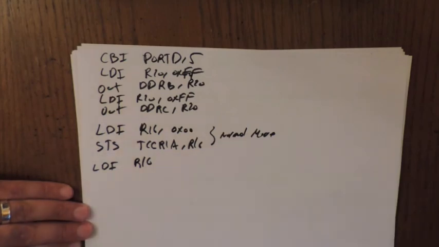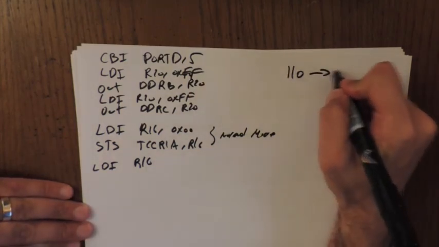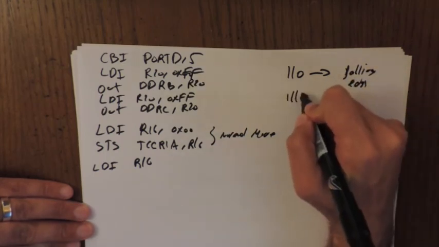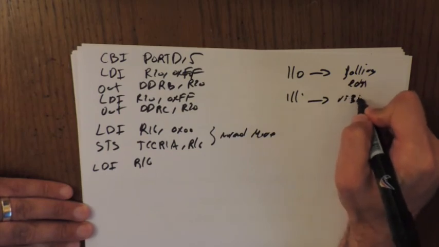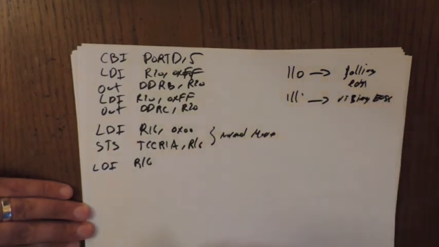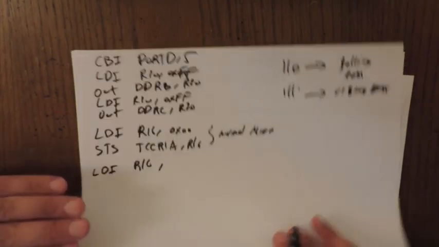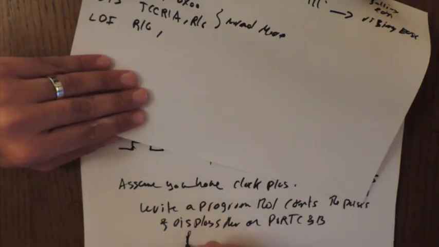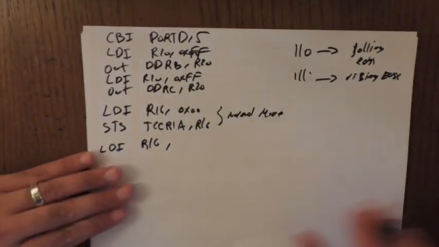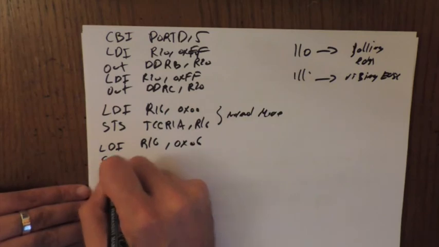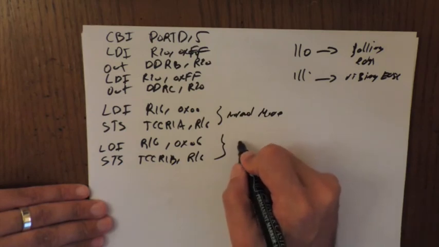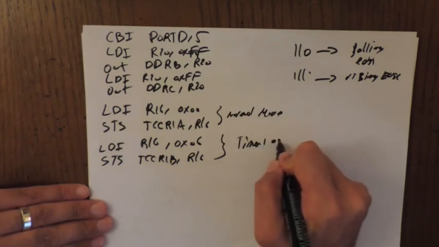If we take a look, 6 will be falling edge, 7 will be rising edge. So let's say I didn't specify otherwise, let's say falling edge. So here I say LDI R16, 0x06, STS TCCR1B, R16. So here timer 1 is a counter.